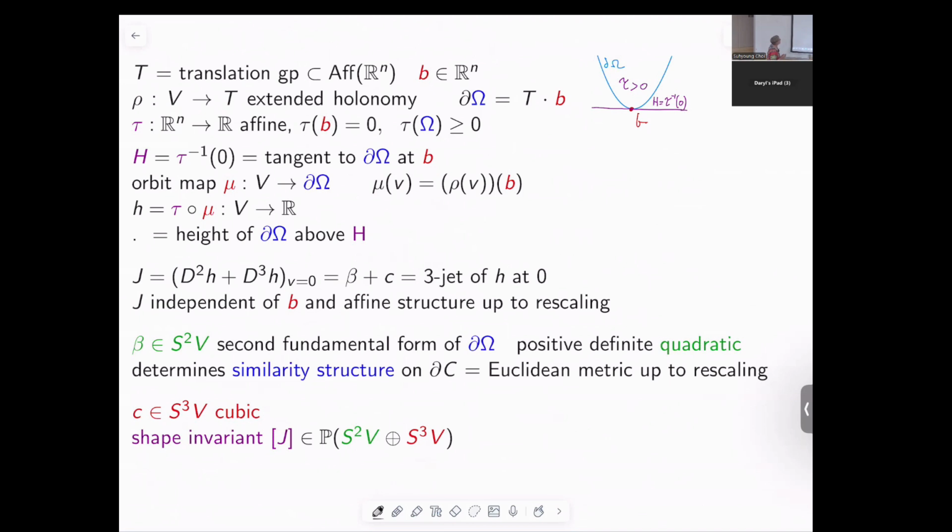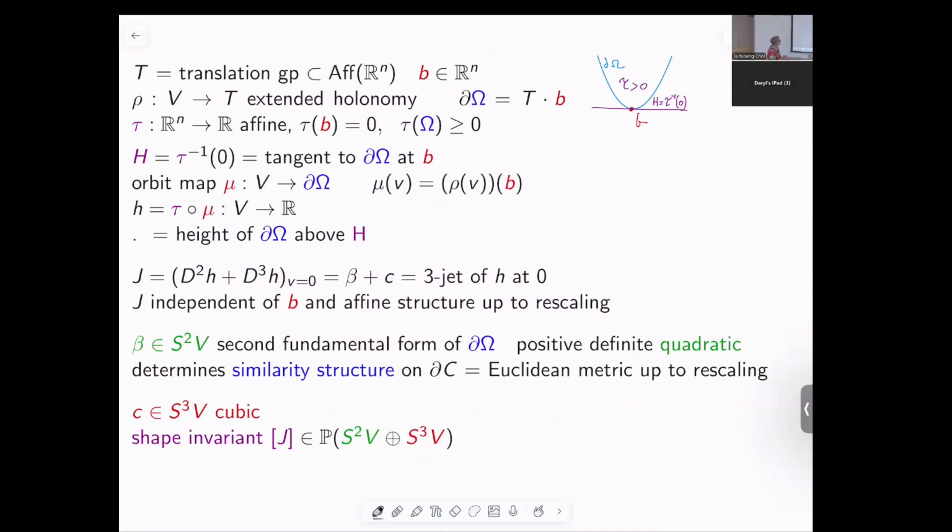T is the image of a homomorphism from V, that is, as a group, it's R to the n-1. And you pick an affine map tau so that the preimage of 0 under the affine map is this hyperplane. And the affine map value is positive above the hyperplane where the domain is and negative below. So that's what tau is.